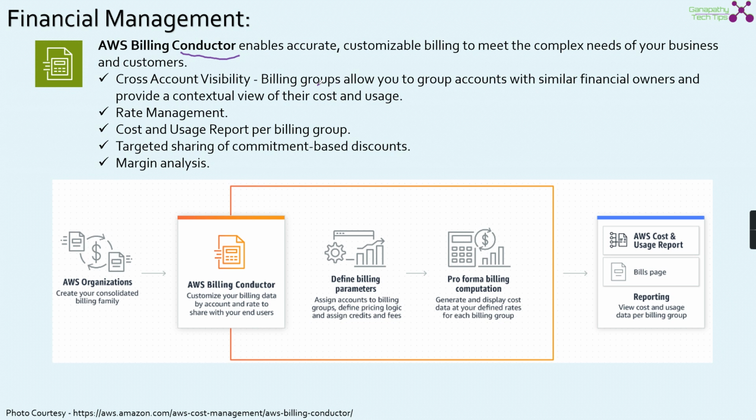To understand it in the simplest way, it provides the option of creating billing groups where we can group the accounts together, and for that specific group we can identify and analyze the cost and usage report and the rate management and everything. So we can club the AWS accounts in the form of a billing group, and on top of the billing group we can see the consolidated billing, consolidated cost usage and consolidated margin analysis, etc. So that is the advantage of using the AWS Billing Conductor.